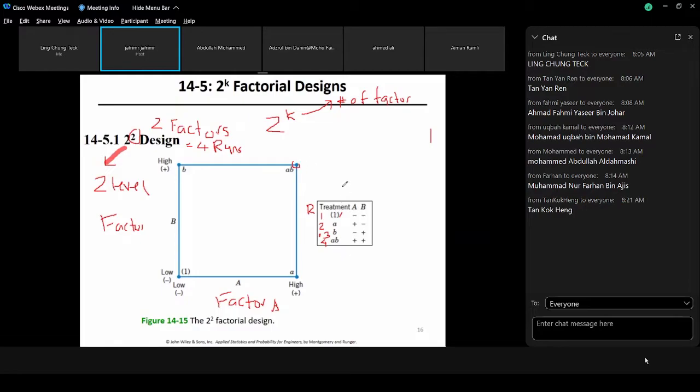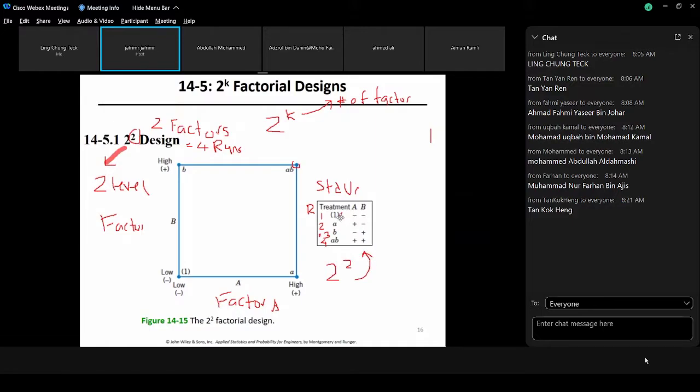This is called standard order design. If you talk about 2 by 2, this is the standard order design.